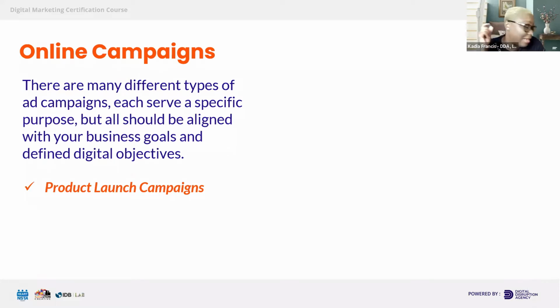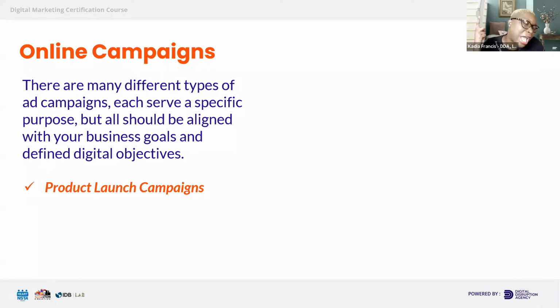Yeah. So there are many different types of ad campaigns. Depending on the purpose, the campaign may be different. But regardless of the purpose or the type of campaign, all campaigns should be aligned with your business goals and should help define your digital objectives, right?